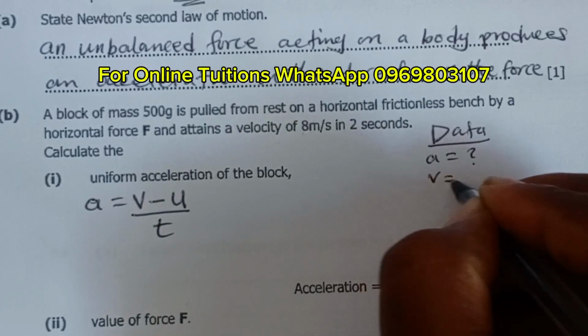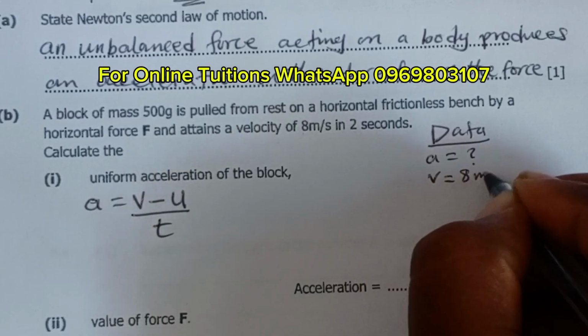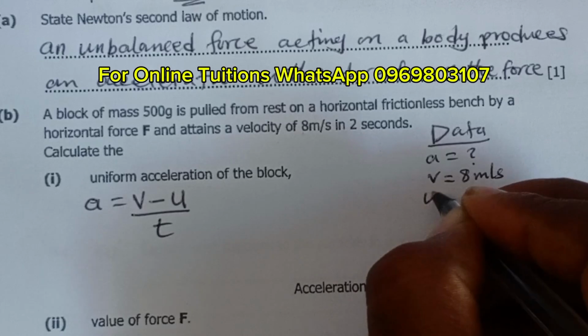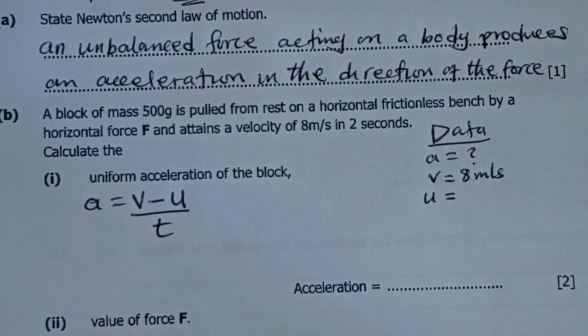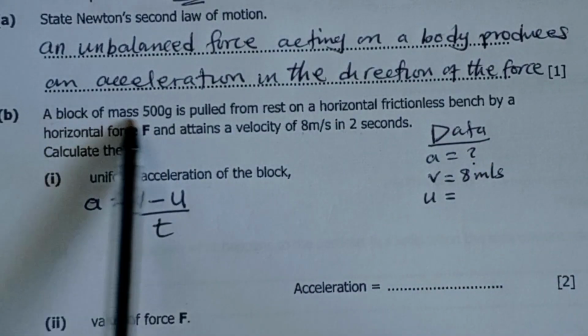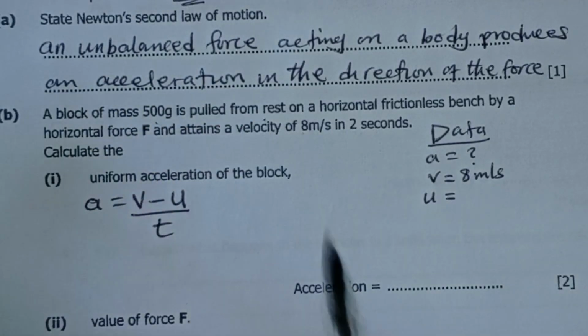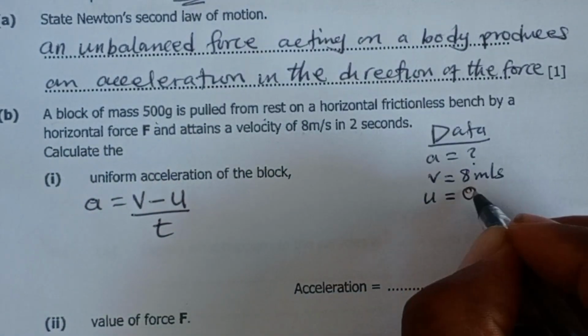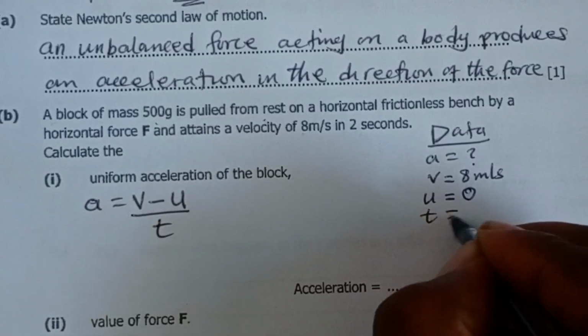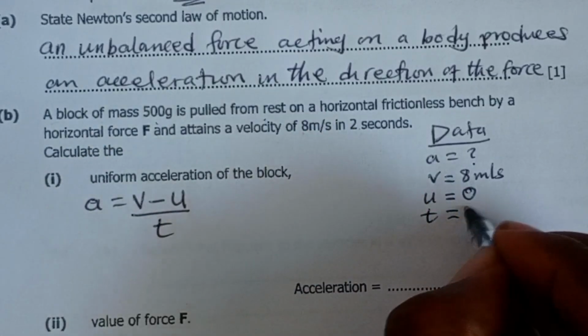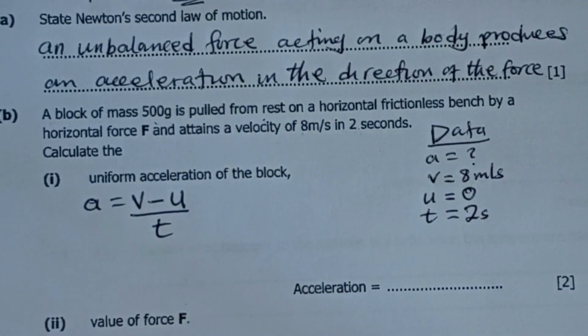Final velocity is 8 meters per second. Initial velocity, remember that they are saying that a block of mass 500 grams is pulled from rest, so initial velocity is 0. Then time taken is 2 seconds.